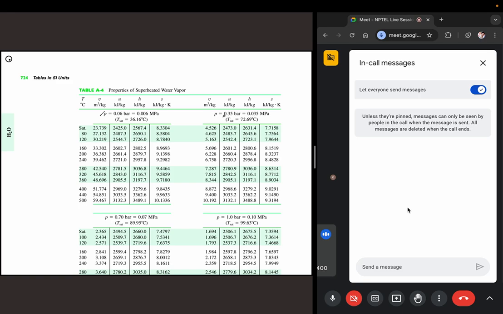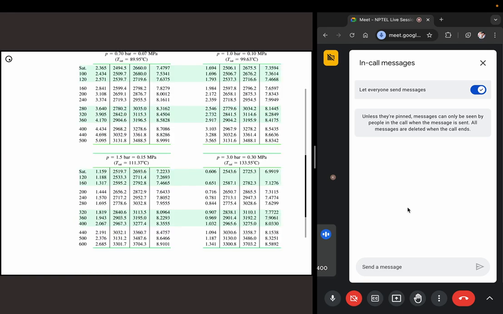So the final pressure is 1.5 bar. So you directly look up the value at 1.5 bar, and then the temperature is 165 Celsius, which is not directly available, but other values are available. So you need to interpolate at 165 Celsius. The value that we require is internal energy, so you can do a linear interpolation to find the value of U here.